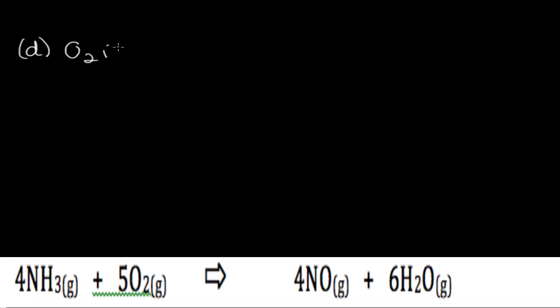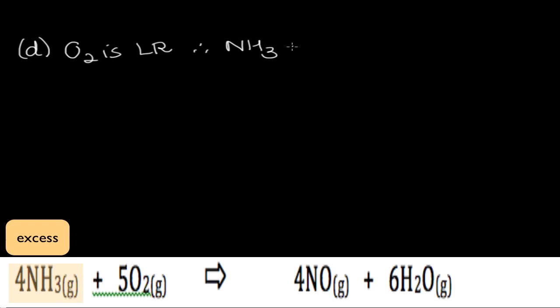So now we're on the part where we want to know how much of the excess reactant is left over. Now, if O2 is the limiting reactant, it must be that the ammonia is the excess. The excess reactant, I'll just label that ER. Now, there are various ways you can do this. You can do stoichiometry again if you want to, but a quicker way here is to use the conservation of mass.